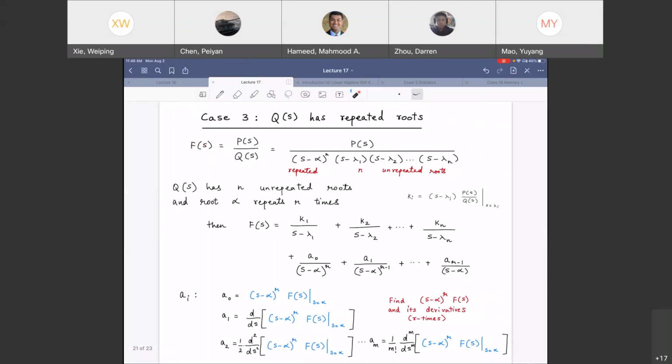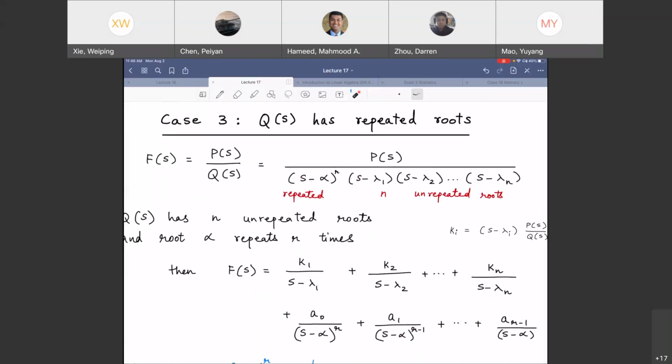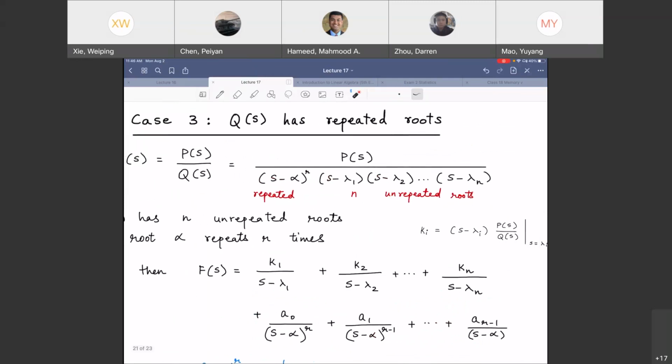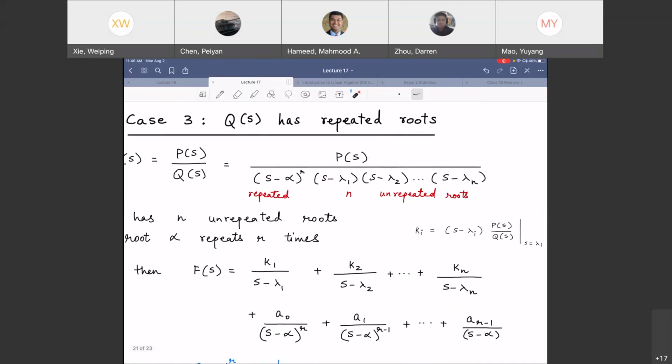Next, Q of S has repeated roots. So here what do you have? You have P divided by Q, polynomial in numerator, polynomial in denominator. You're defining that as P of S, leave it as is. Q of S has repeated roots, right? So you may have R of them as repeated. So you have R poles, all of them at alpha. And you have N unrepeated roots.